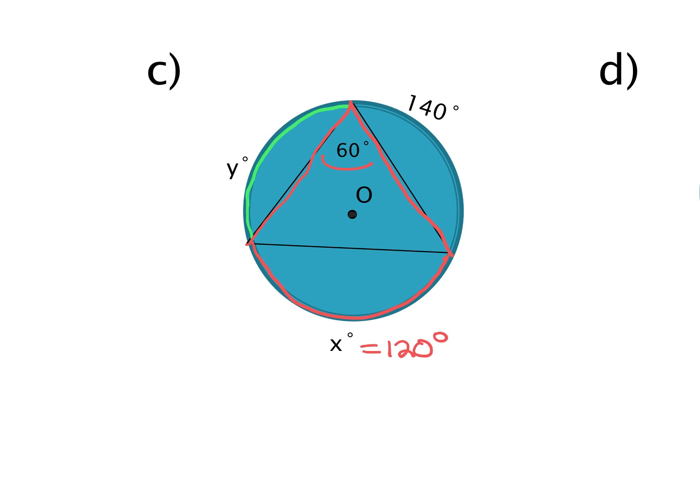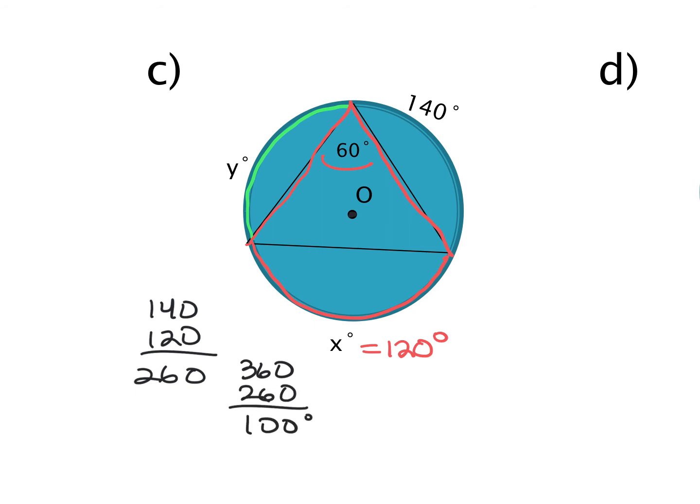Now, if you know that the total degrees in a circle is 360, to find the green piece, all I really need to do is add 140 plus 120, subtract that from 360, and I get 100. So y is 100. Now, another way that you could have also done this is realize that this is a triangle that is inscribed in the circle.